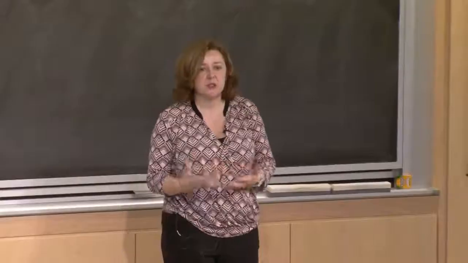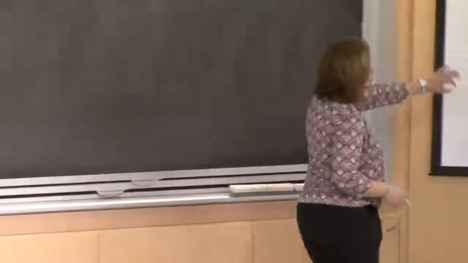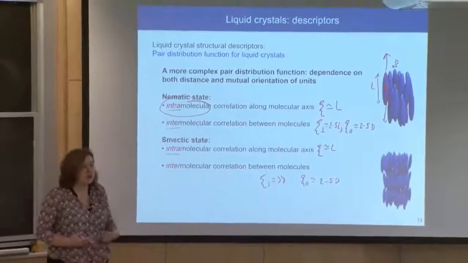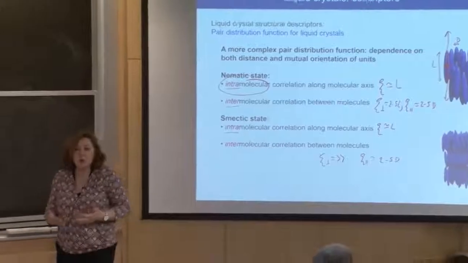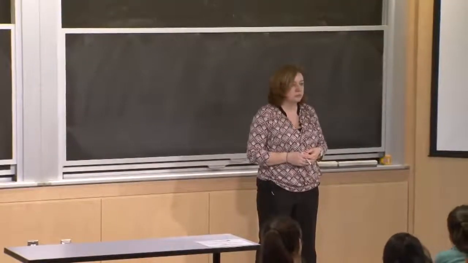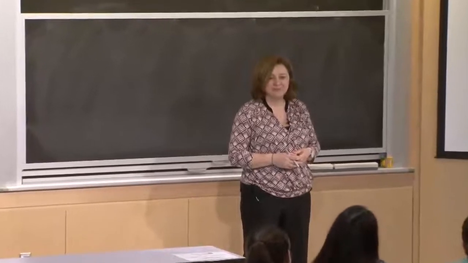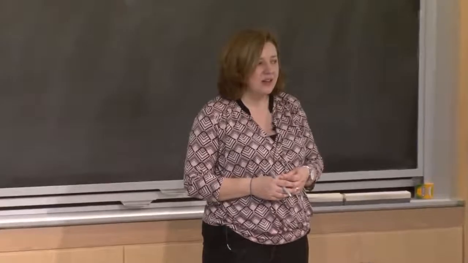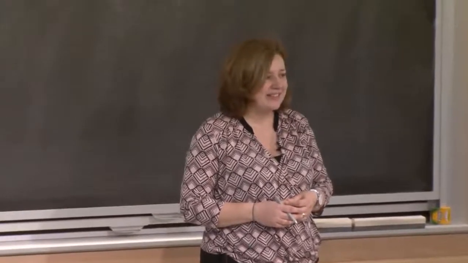I can then ask you a question finally. If I measure a pair distribution function of, let's say, a liquid crystal, what would I see? There are different correlation distances. How would that function look? Any guesses?